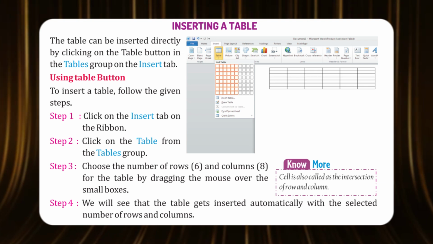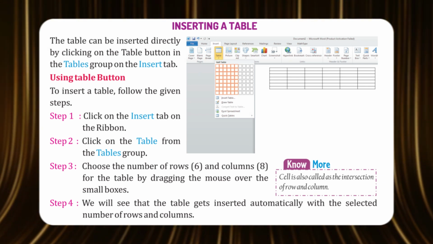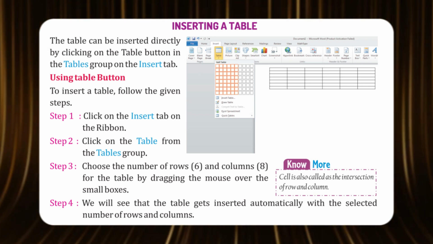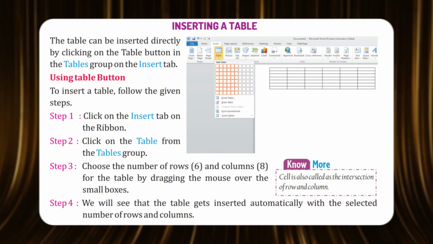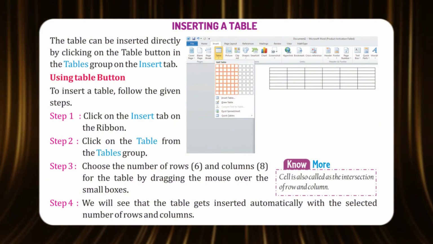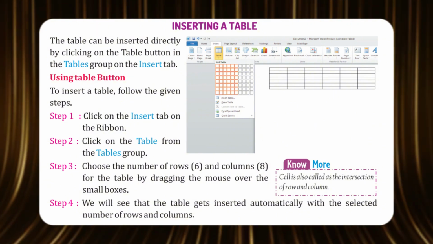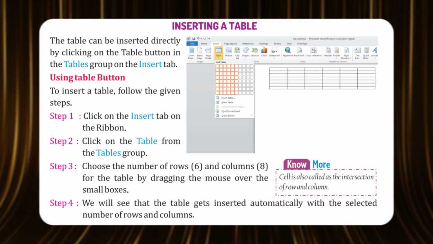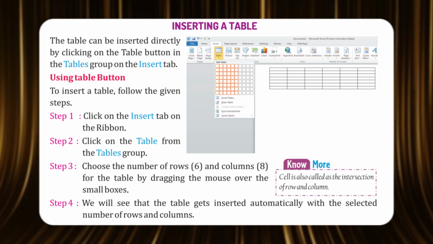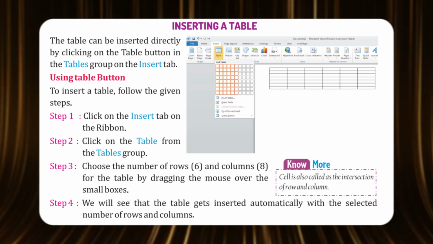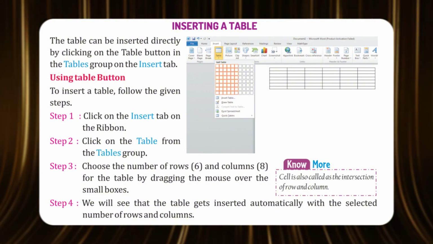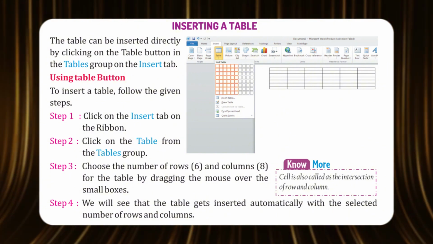Click on the table from the Tables group. Step 3. Choose the number of rows, 6, and columns, 8, for the table by dragging the mouse over the small boxes. Step 4. We will see that the table gets inserted automatically with the selected number of rows and columns.